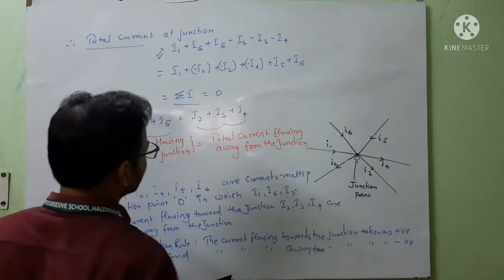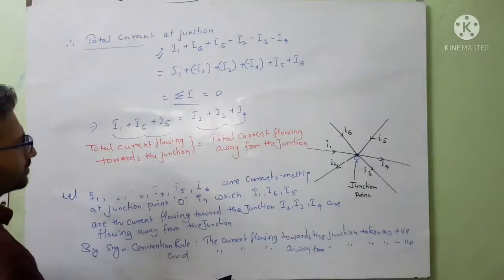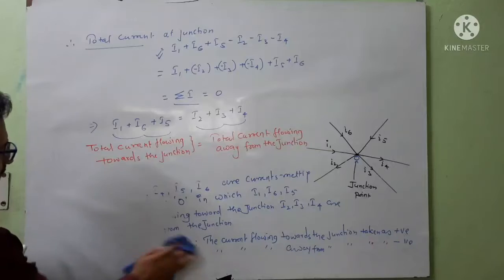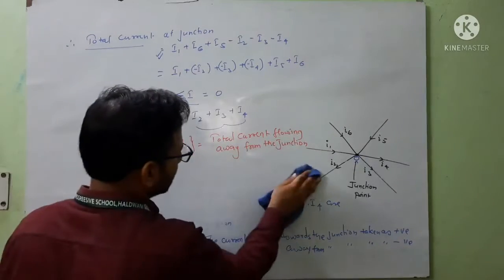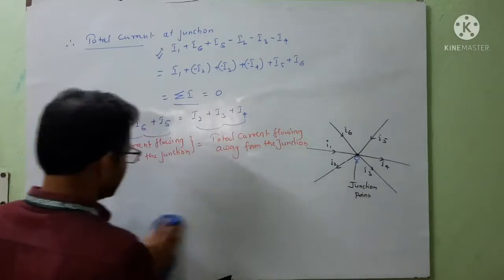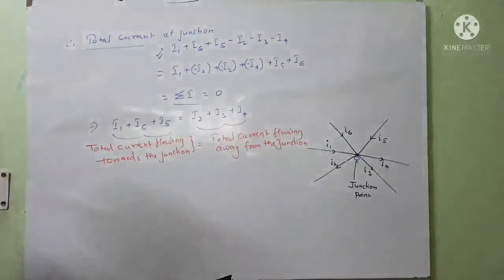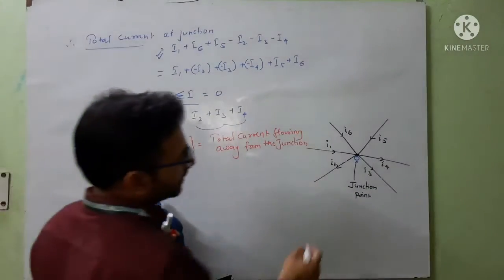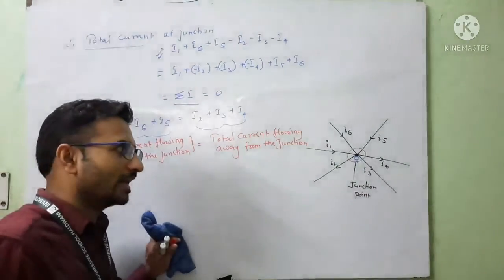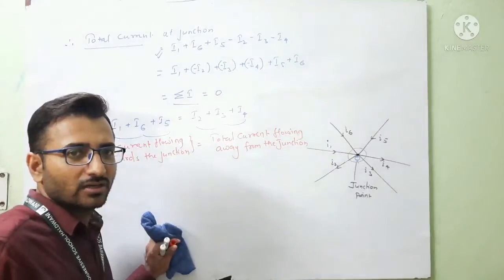Got it? So from these two, we see that for any junction point, the total current coming toward the junction is equal to the total current away from the junction. It means there is no current which will be stored at this junction point.